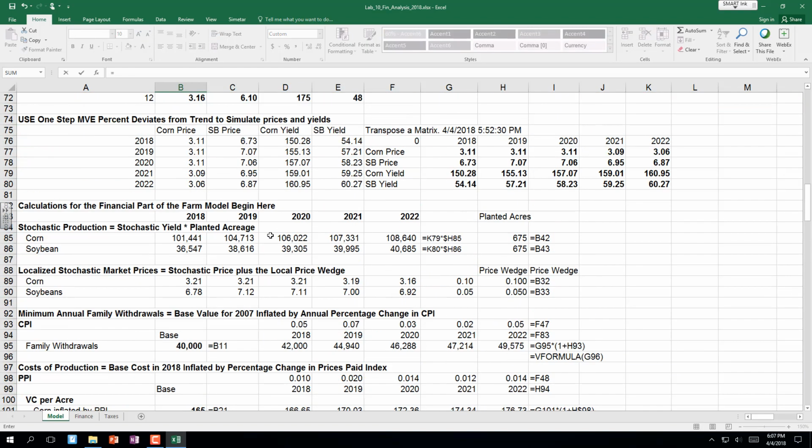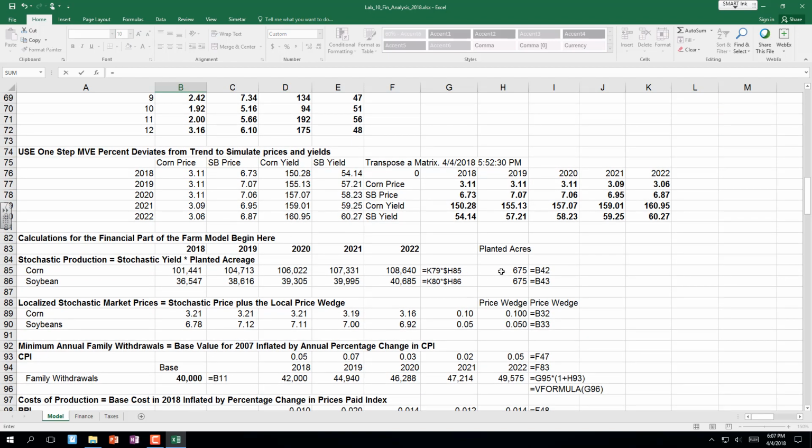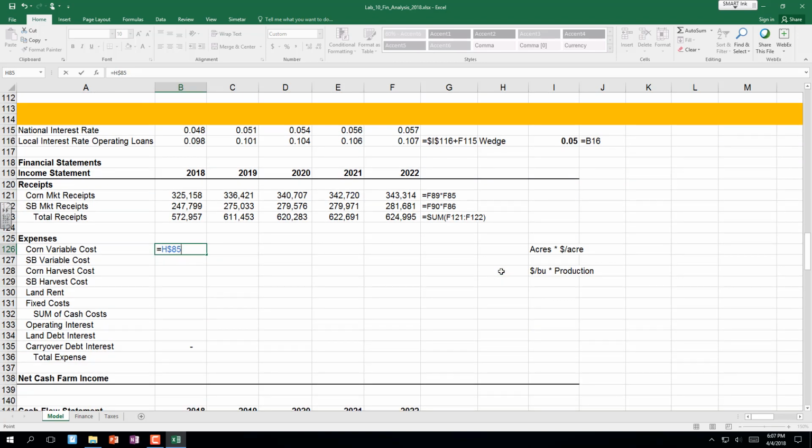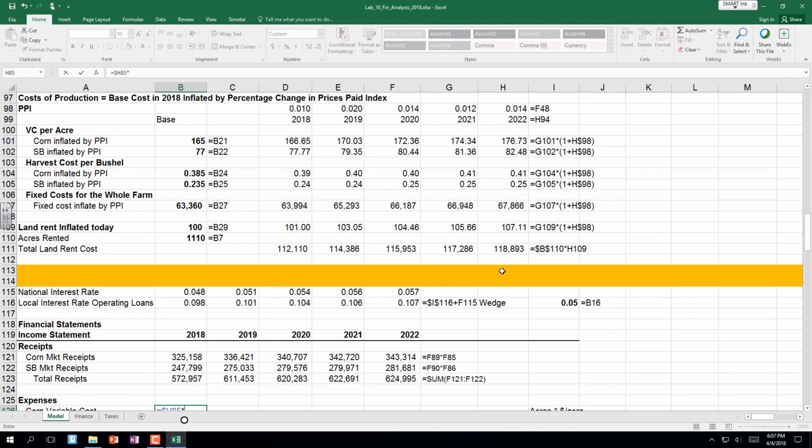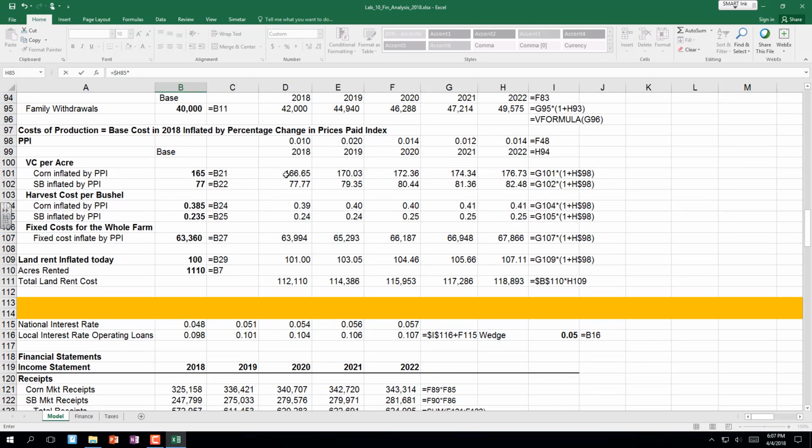Okay, let's go find it. We have planted acres, and it's fixed, so I can lock that column, H85. I'm going to multiply it by the inflated cost of production per acre, right there, which is D101. So it's inflated cost per acre, so $166 an acre times 675 acres.